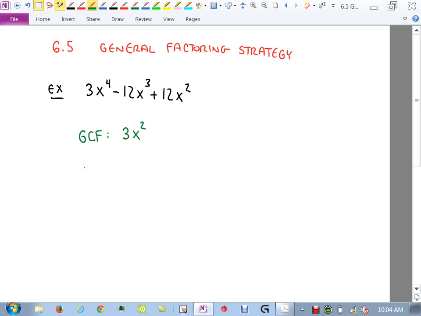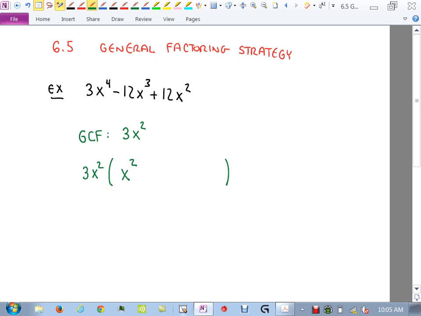So let's go ahead and do that. 3x squared. Set of parentheses. I need enough space in that parentheses to fit how many terms in there? 3, right? Because I started with 3, I've got to end with 3 in the parentheses. How do I turn 3x squared into 3x to the 4th? I only need an x squared, don't I? All right.